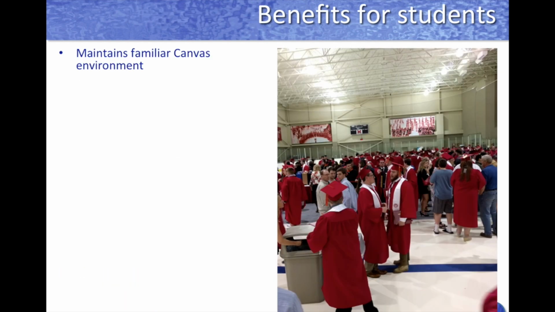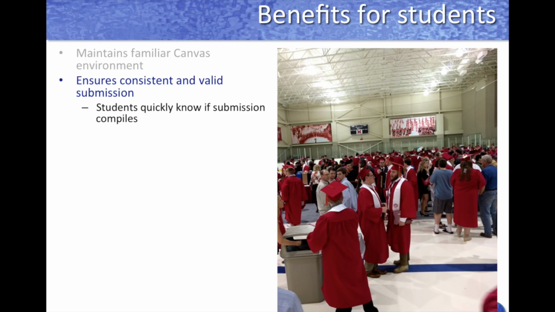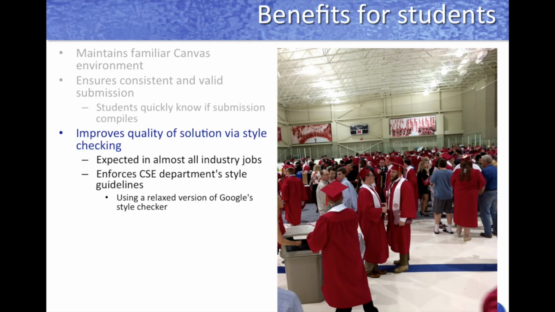Some of the key benefits of Code for students include that it maintains an environment that is already familiar to the students. Code ensures consistent and valid submissions, so when student submissions are received, it compiles and tests them, so students automatically get immediate feedback as to whether their submissions were successful.